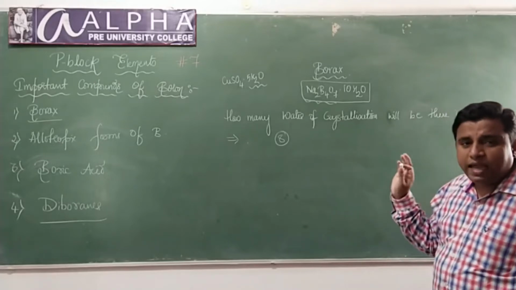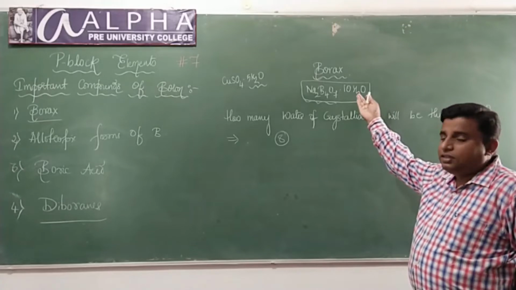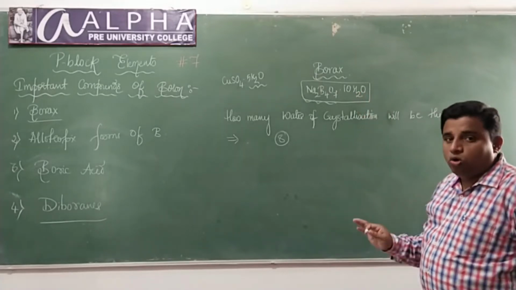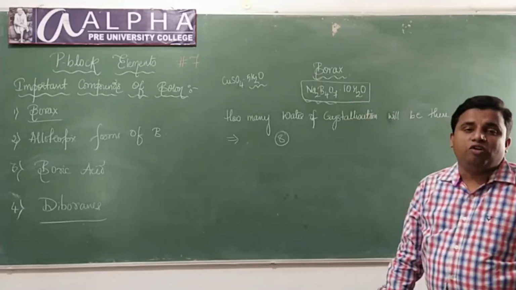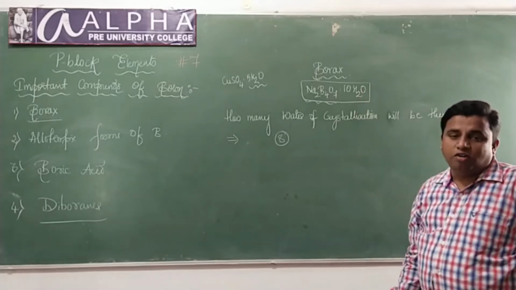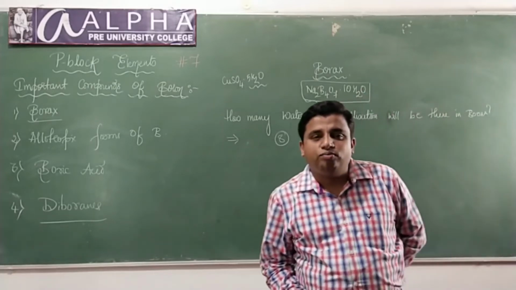How is it 8? The formula is telling us that there are 10 molecules of water. No, this is not the actual formula of borax. This is the condensed formula of borax. The actual formula of borax is like this.